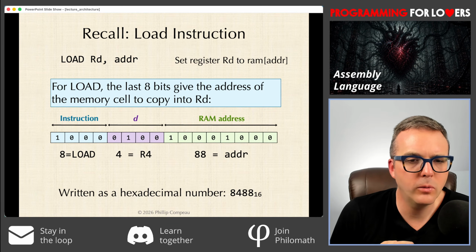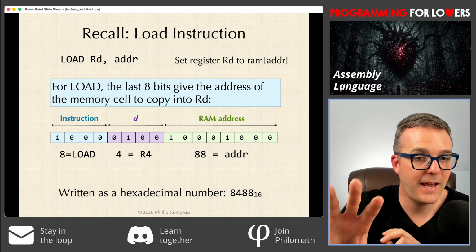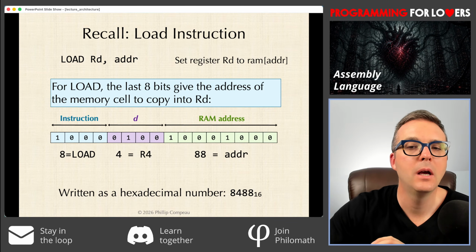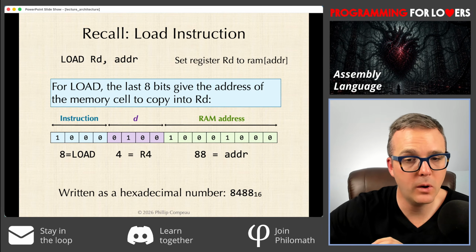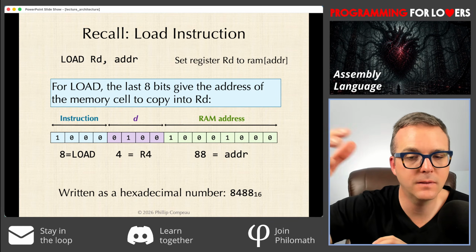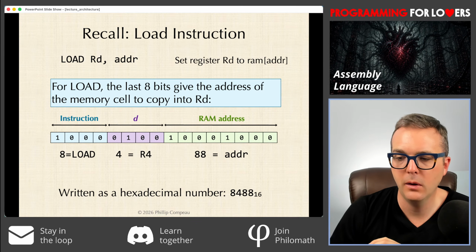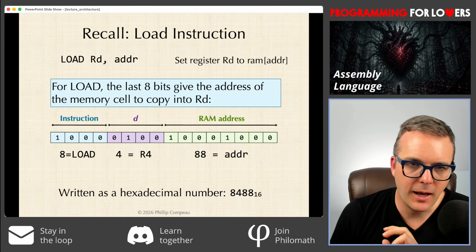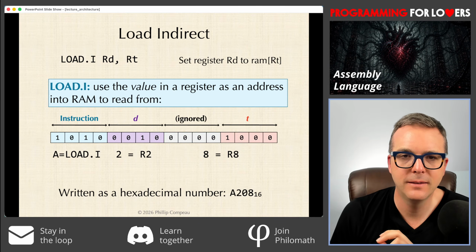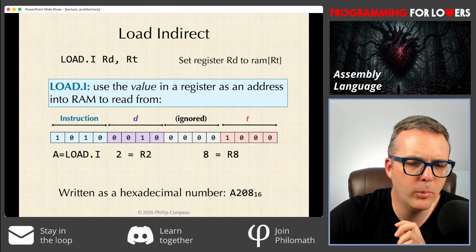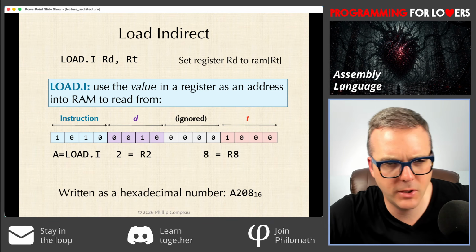We talked about load. So the load instruction is 8. If I see an 8 followed by, say, a 4, I'm loading into register 4, and then the final 2 hex digits, which here are 88, tell me the memory address to read into register 4. I will quickly show you a different version of this that we'll probably not need too much of.